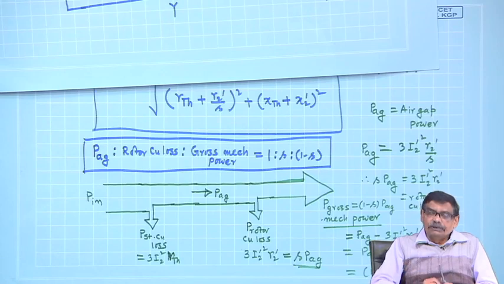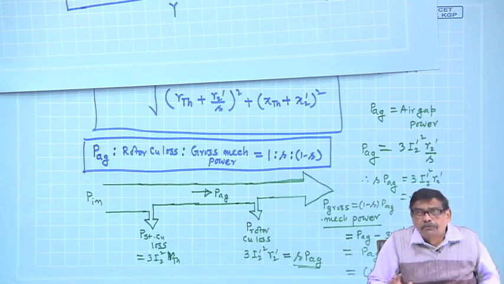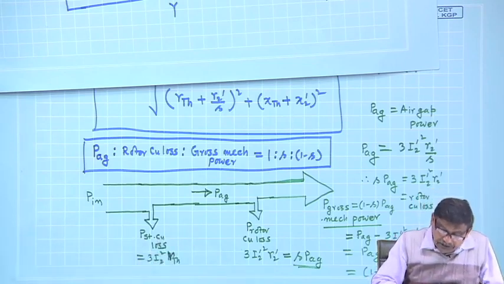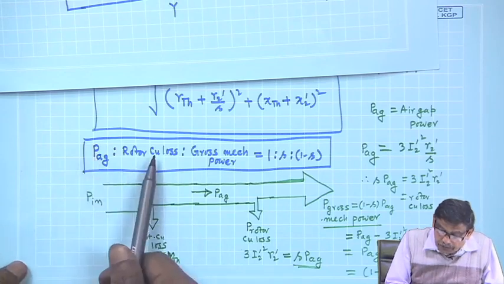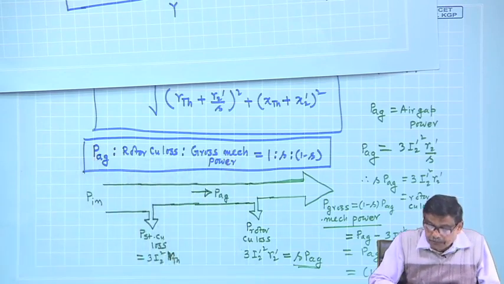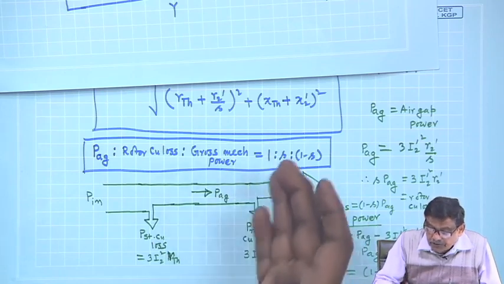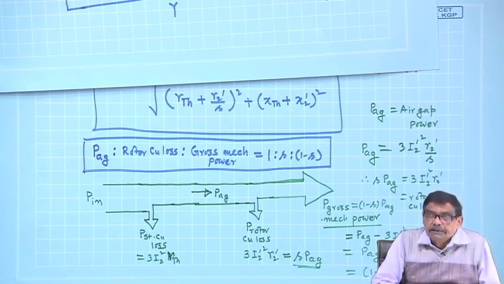If S equal to 1, standstill condition, there is no mechanical power output, but the moment it starts rotating, the air gap power is divided into rotor copper loss and gross mechanical power in the ratio of 1 is to S is to 1 minus S, where S is the slip at which the machine is operating.